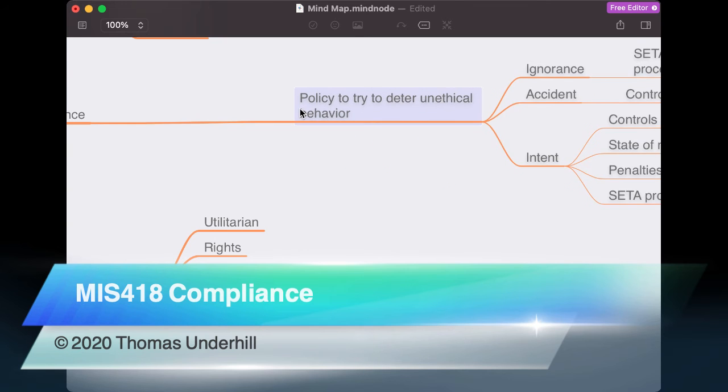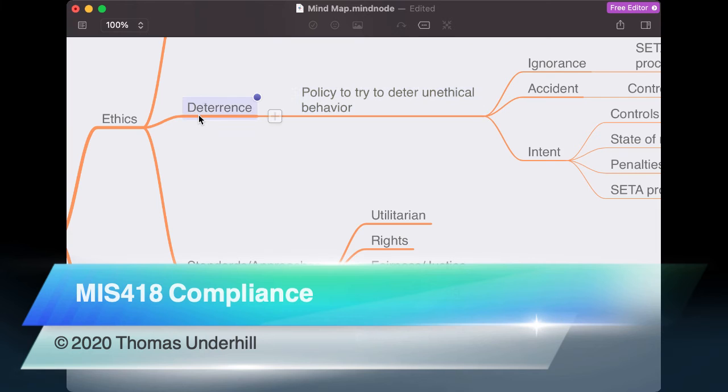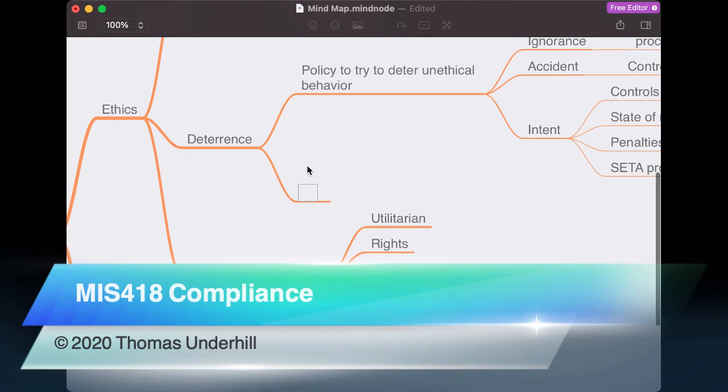All right, so we've got that piece. So how do we deter? One way that we can deter is using a policy, and that policy can have penalties.